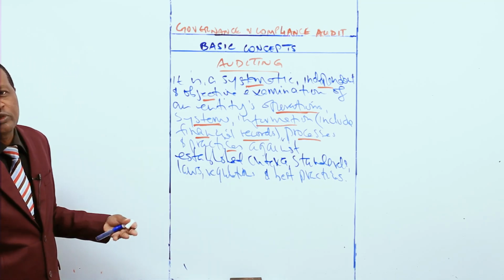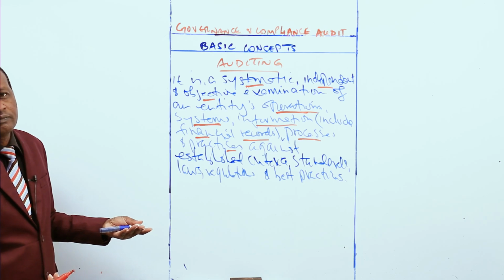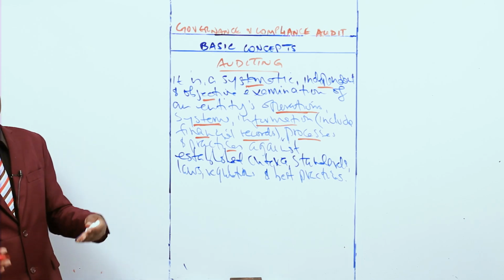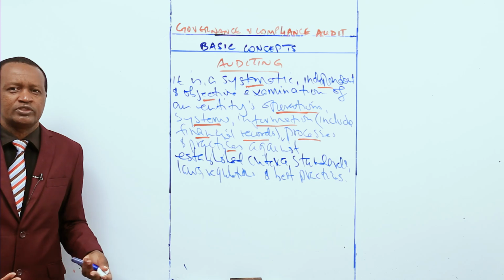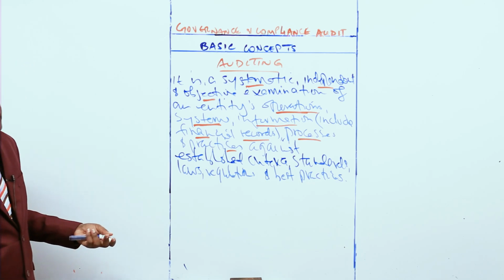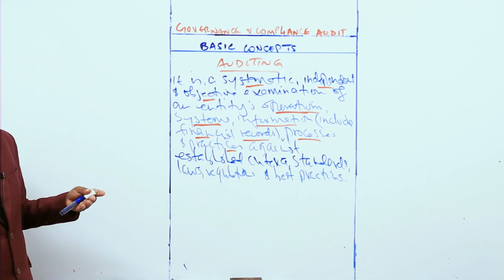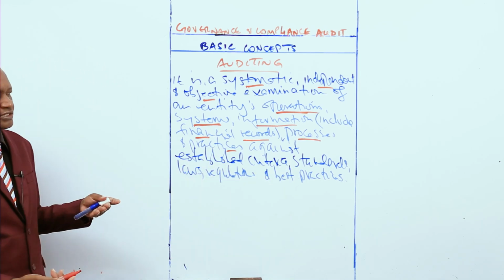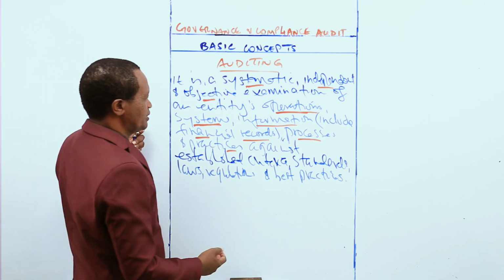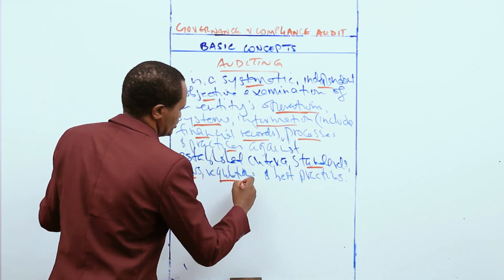And that information includes financial records. That is the traditional and fundamental role of financial auditing. And you can see the purpose also extends to adherence to various benchmarks. That's why we have benchmarks like standards, laws, regulations.